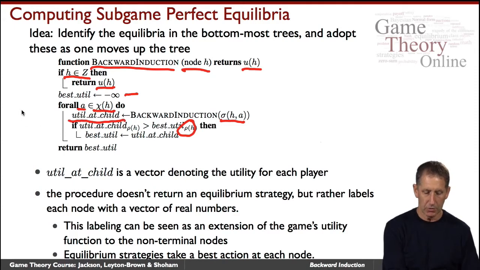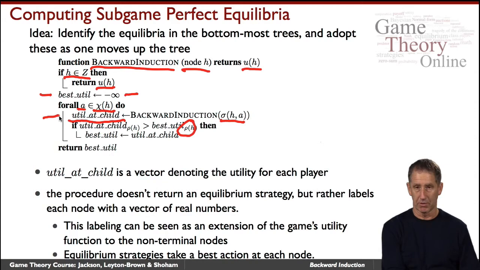So notice we have two vectors, bestUtil and utilAtChild. BestUtil is the best we found so far, best for a particular agent. And utilAtChild is what we found at a particular child.